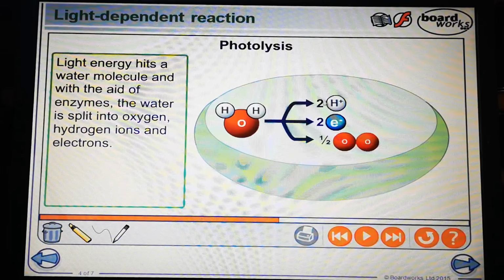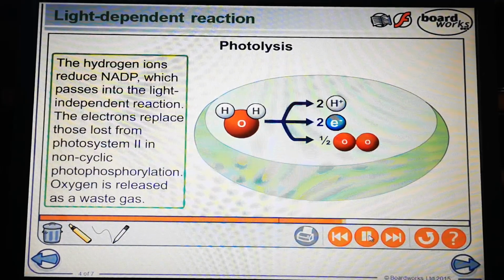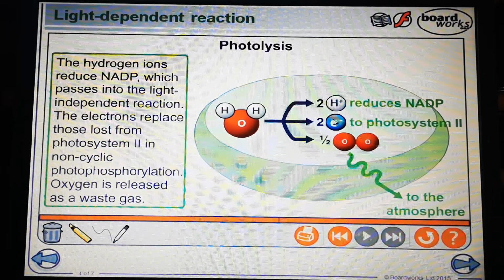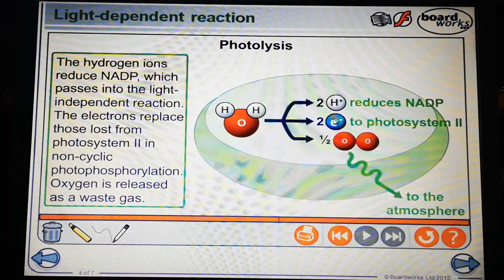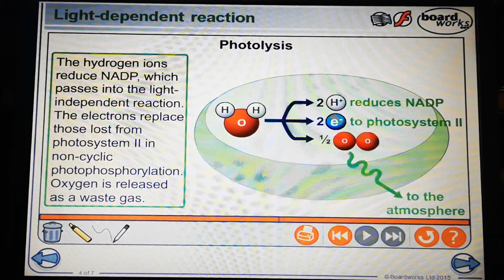But it's these two that we're interested in. It's the proton and the electrons. So your electrons are going to be transferred to photosystem 2, which is in the membrane of the thylakoid, so very close by, and then that's going to allow the electron transport chain to continue.